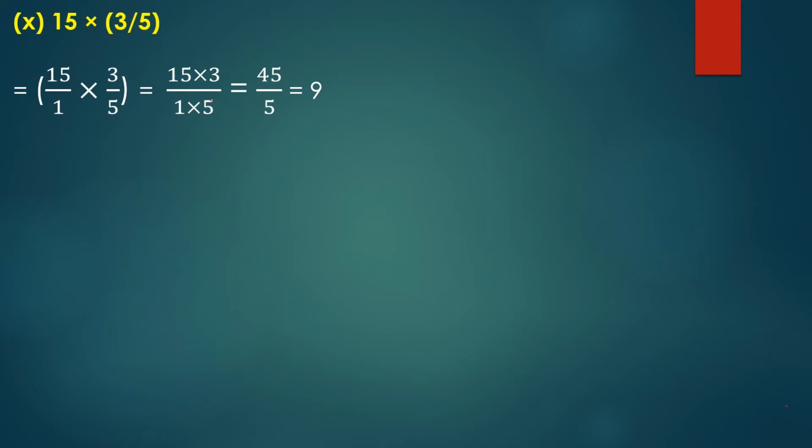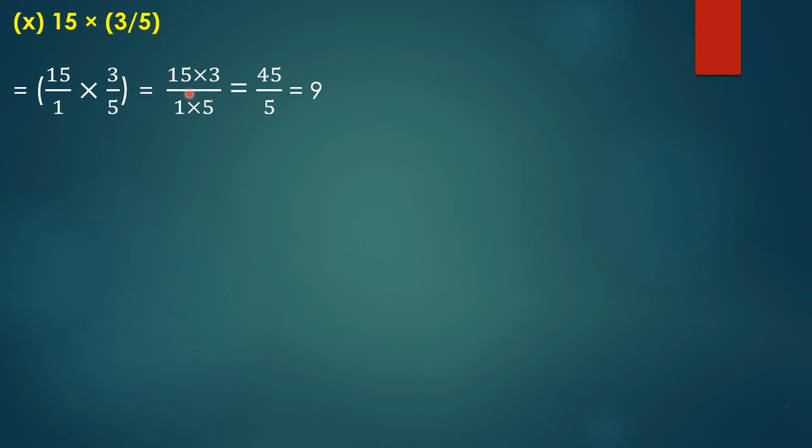Let us consider the next question. 15 into 3 by 5. Now 15 can be written as 15 divided by 1 into 3 by 5, which is equal to, now you tell me what we have to do, because we have done so many questions using the multiplication of fractions and we are very well aware how to do this type of question.